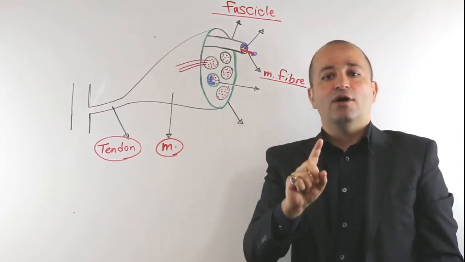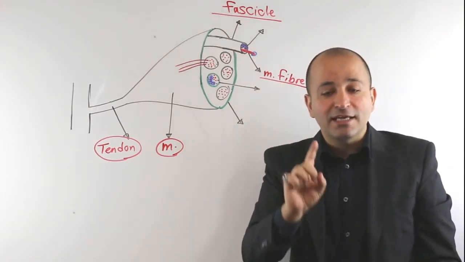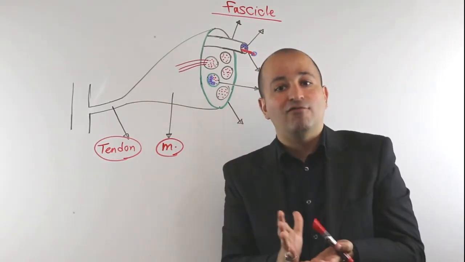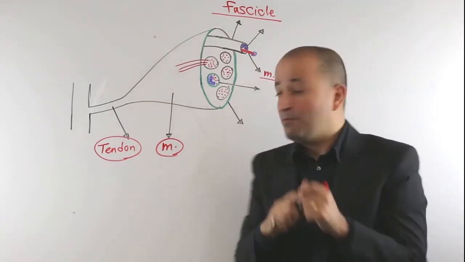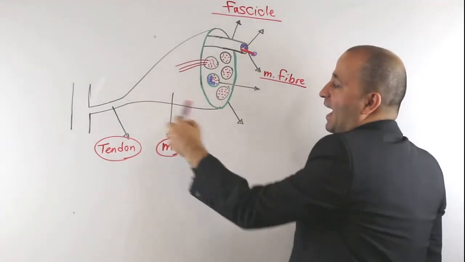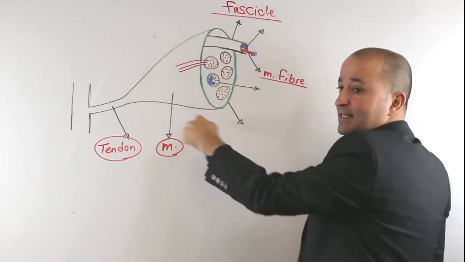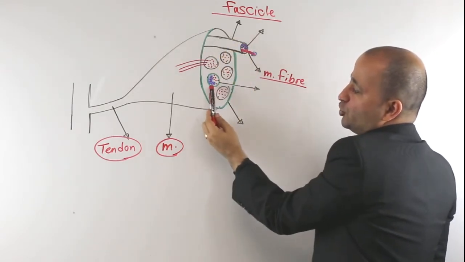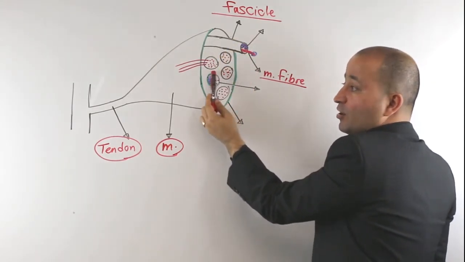The only part that makes it very complicated is that each of these structures has its own cover. Meaning the muscle has its own cover. Fascicle has its own cover, which I showed here in this green color.